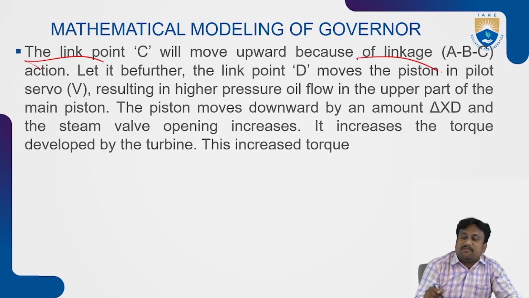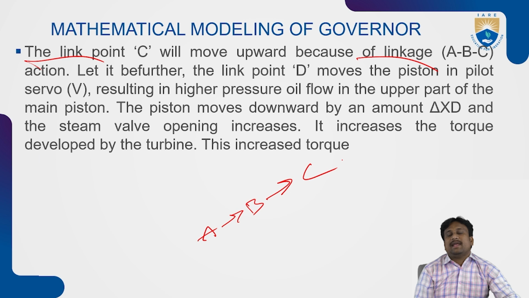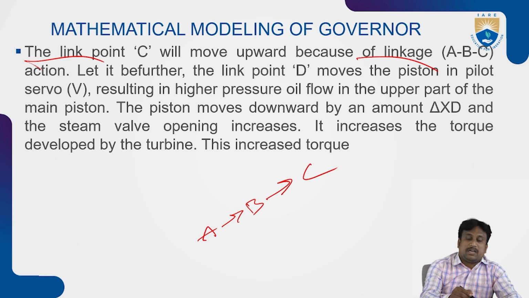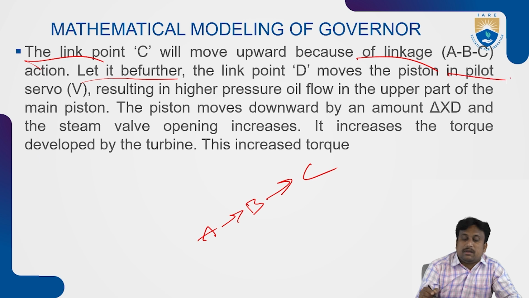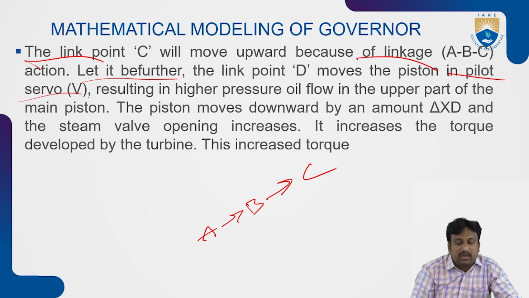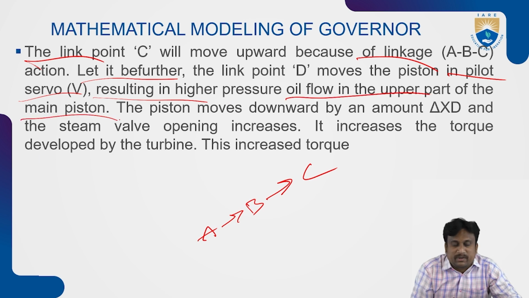This is because of the linkage mechanism from rod A to B, B to C. Further, link point D moves the piston in the pilot servo valve. The result is higher pressure oil flow in the upper part, which is connected to the main piston.